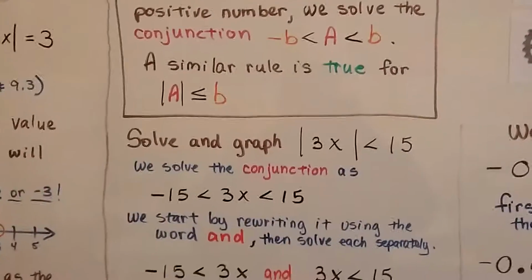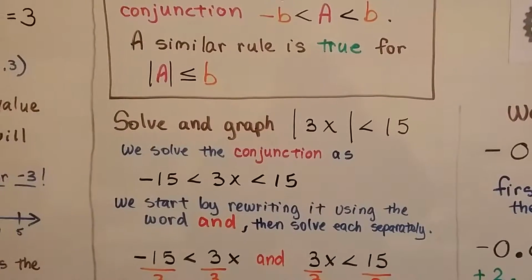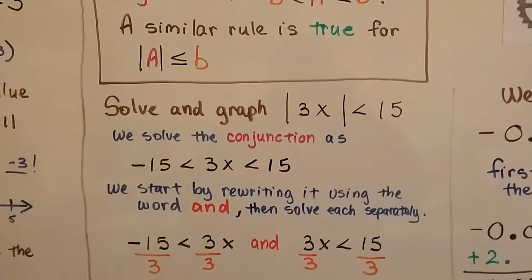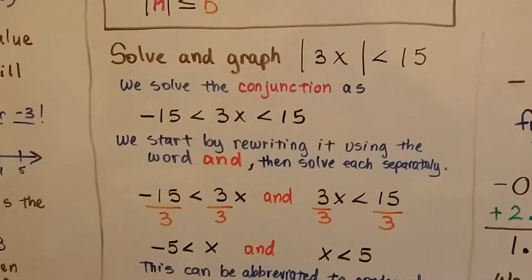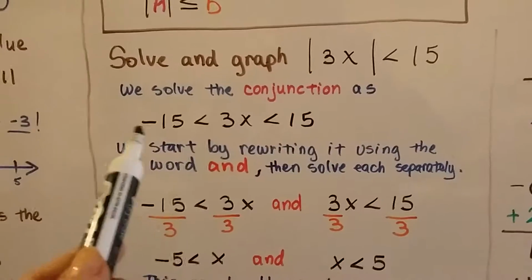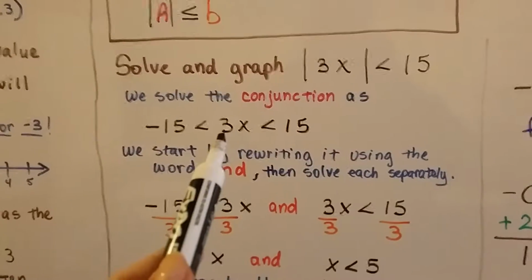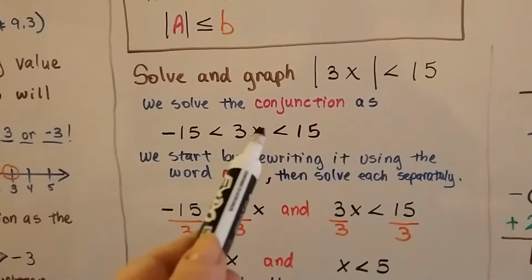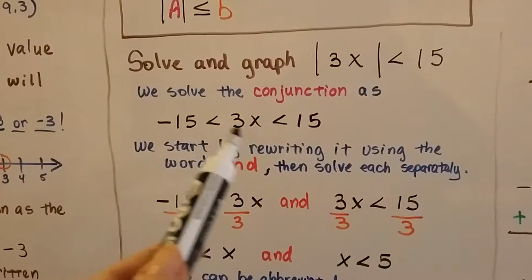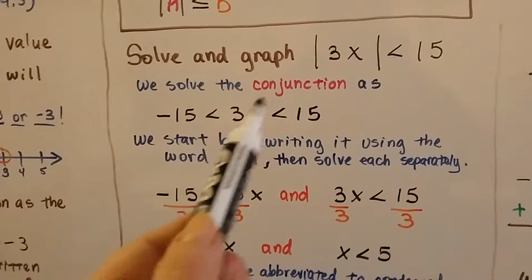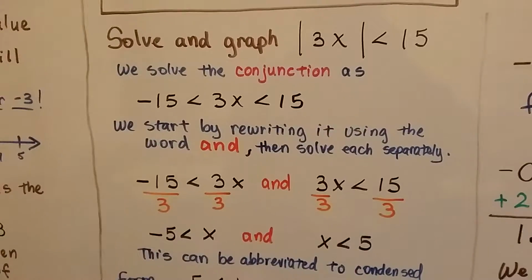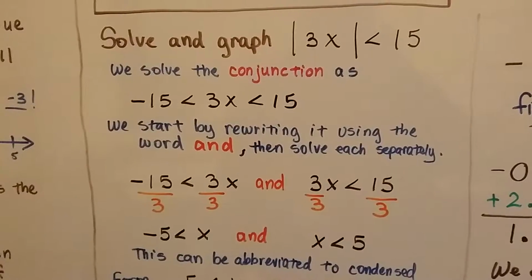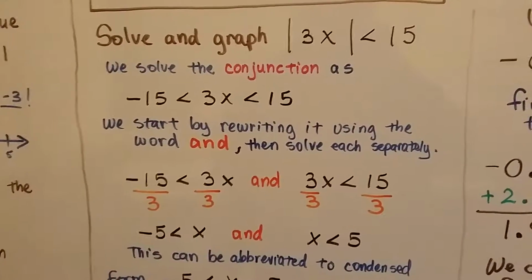So to solve and graph the absolute value of 3x is less than 15, we solve the conjunction as, here it's in condensed form, see? Remember, we're going to pull the negative 15 and the positive 15 out of this. So now we've got 3x is greater than negative 15 and 3x is less than 15. We start by rewriting it using the word and, then solve them each separately.